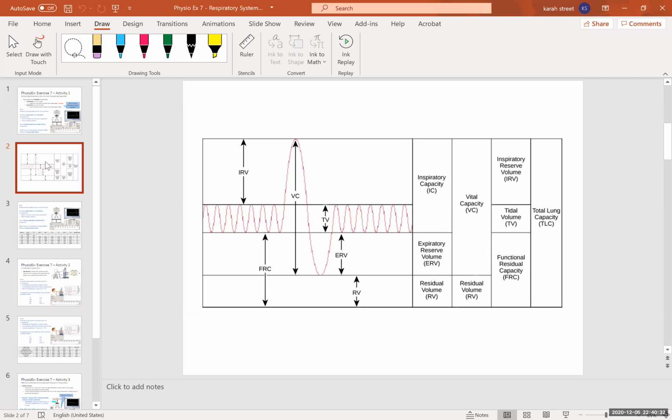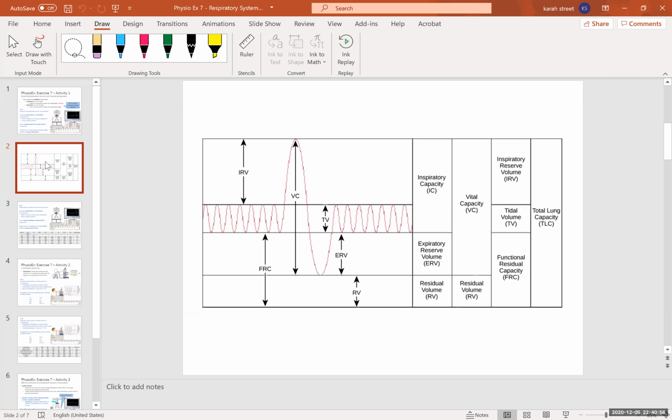Expiratory reserve volume, or ERV, is the amount of air that can be exhaled after a normal exhale, so it's the extra air you can blow out. And residual volume is the amount of air remaining in your lungs after you have blown out all the air you can forcibly exhale.